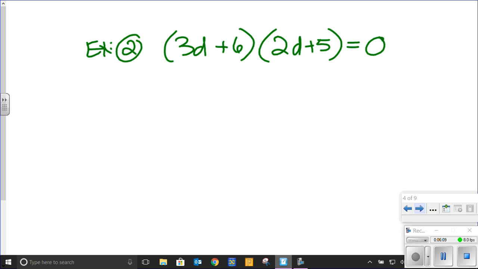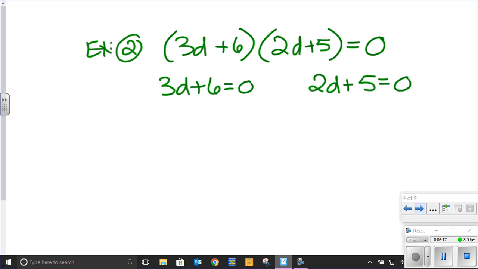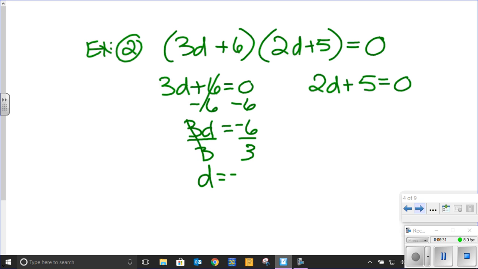So I'm going to take each one and set it equal to 0. 3d plus 6 equals 0, and 2d plus 5 equals 0. Solve each of these little baby equations, and we're going to minus 6 from both sides to get rid of that first. We're left with 3d equaling -6. When we divide both sides by 3, we get d is equal to -2.